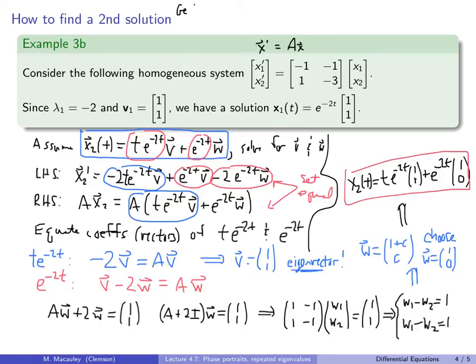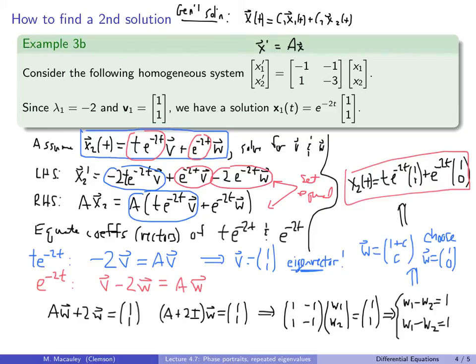The general solution is x of t equals c1 x1 of t plus c2 x2 of t. Recall that here's our x1.